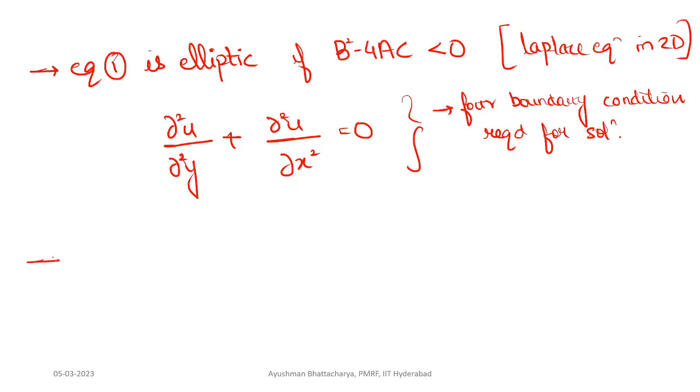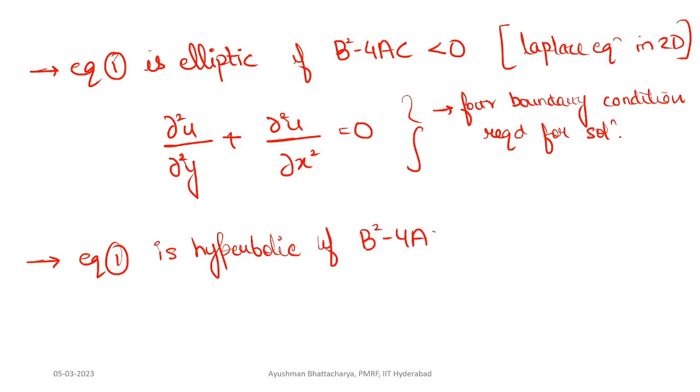Okay, now the third thing is equation one is hyperbolic if b square minus 4ac is greater than 0. So we will get d square u by dt square equals c square d square u by dx square.